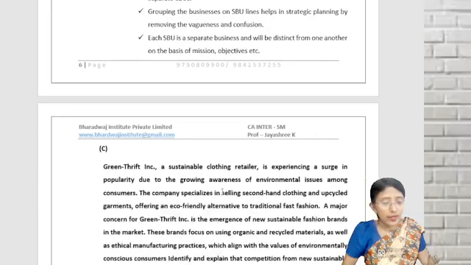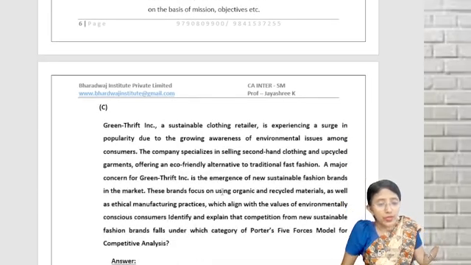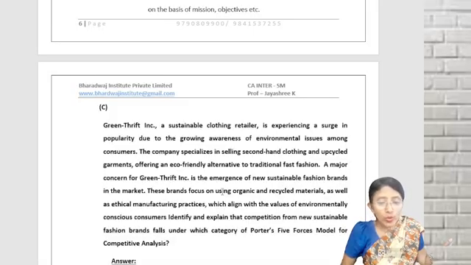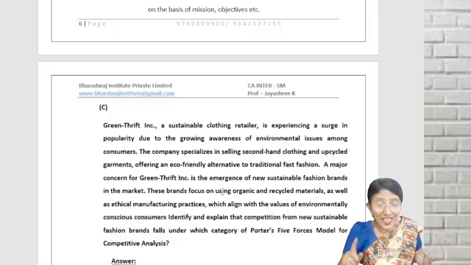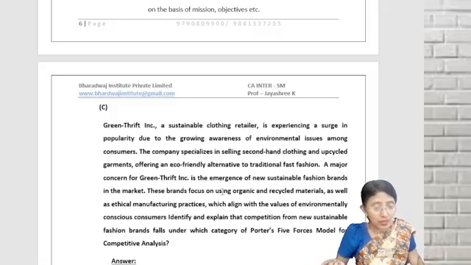PQR. Then, Green Thrift Incorporated, a sustainable clothing retailer, is experiencing a surge in popularity due to growing awareness of environmental issues among consumers. The company specializes in selling second-hand clothing and upcycled garments, offering an eco-friendly alternative to traditional fast fashion.